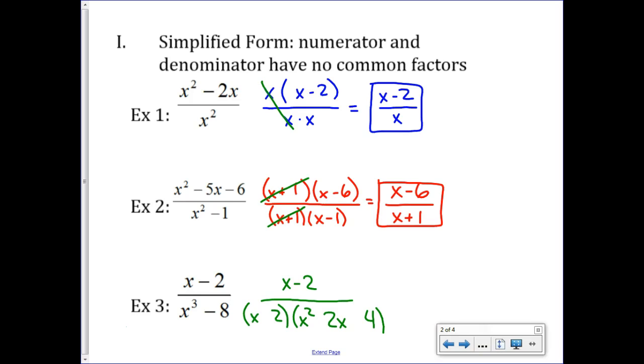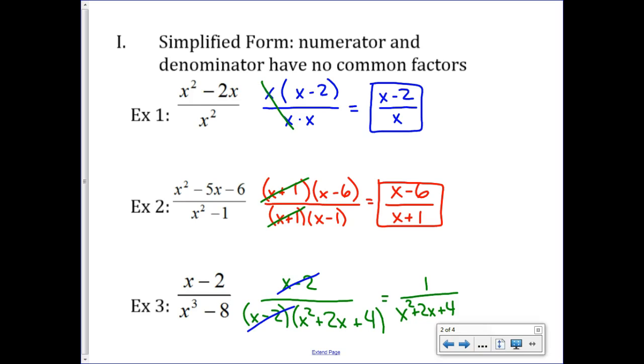And then SOAP, same sign, opposite sign, always positive. And then you can see this x minus 2 and x minus 2 matches. So I'm left with nothing in the numerator, which means that it's just going to be a 1 in the numerator. And then I have x squared plus 2x plus 4 in the denominator.